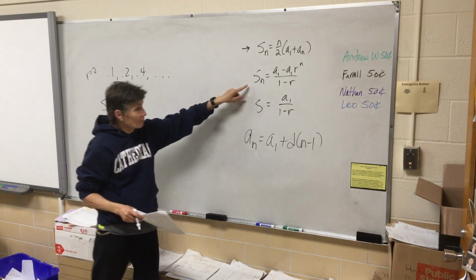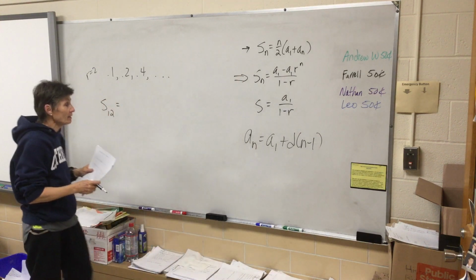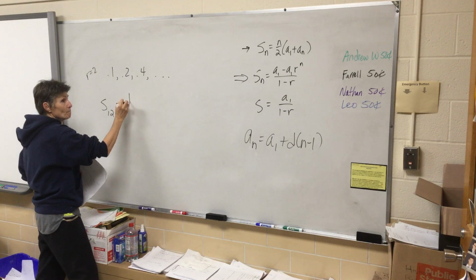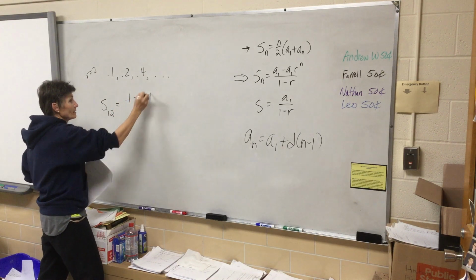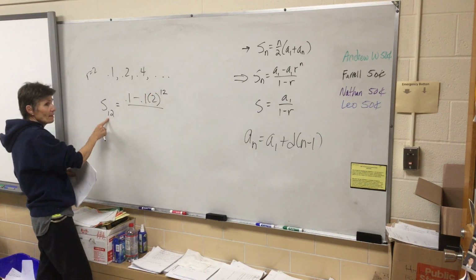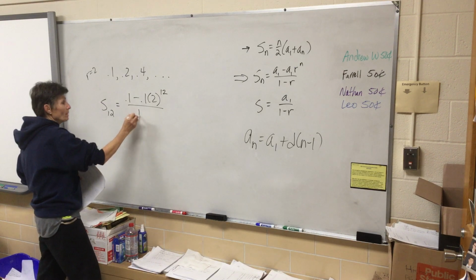So my formula, it's geometric. This is my geometric formula right here. It says find the sum of 12. It will be 0.1 minus 0.1 times 2 to the 12th, S sub n, S sub 12, n is 12, over 1 minus 2.